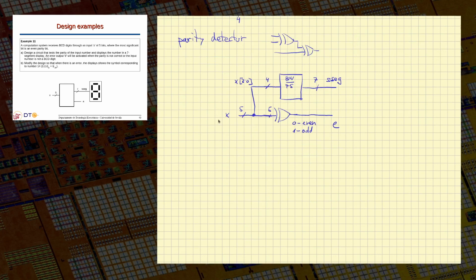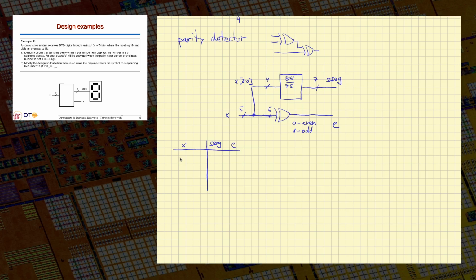But what happens if we have an error? For example, consider that we have an input value X, and let's check different cases. So these are my 7-segment result and the error.